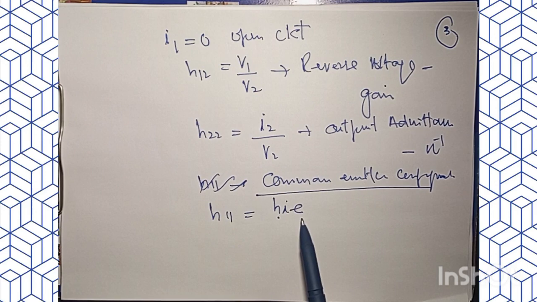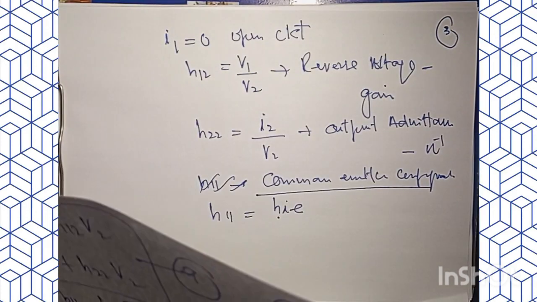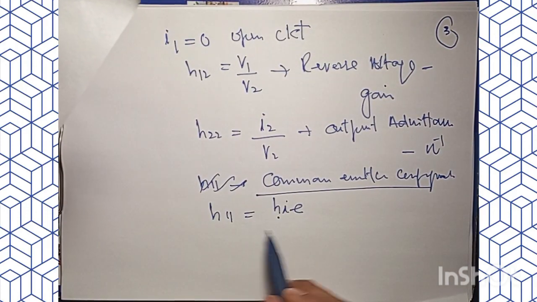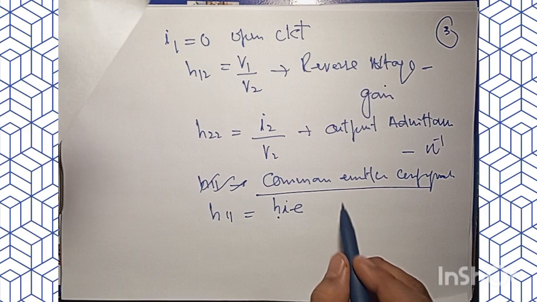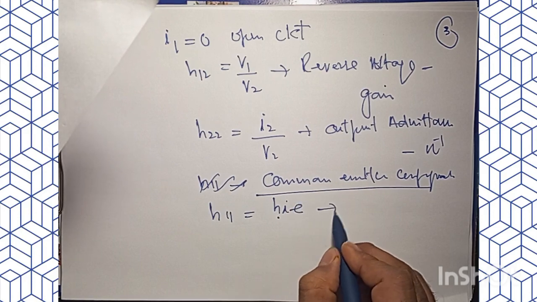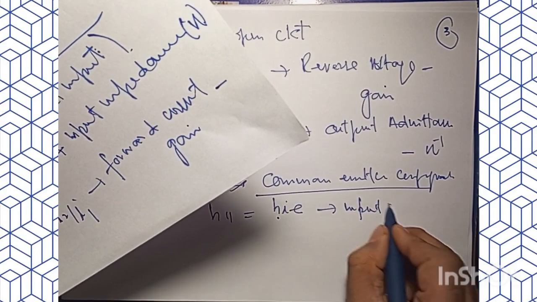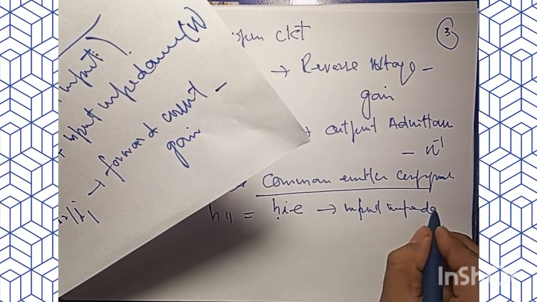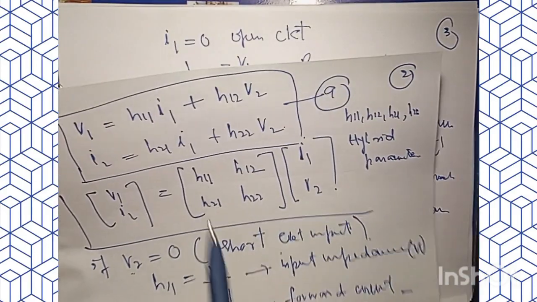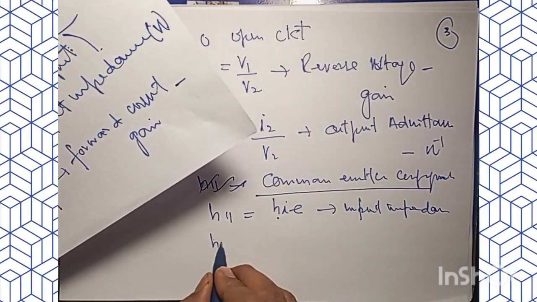If it would have been common collector, it would have been replaced by HIC. So H11 is HIE for common emitter. What is this HIE? This is input impedance.